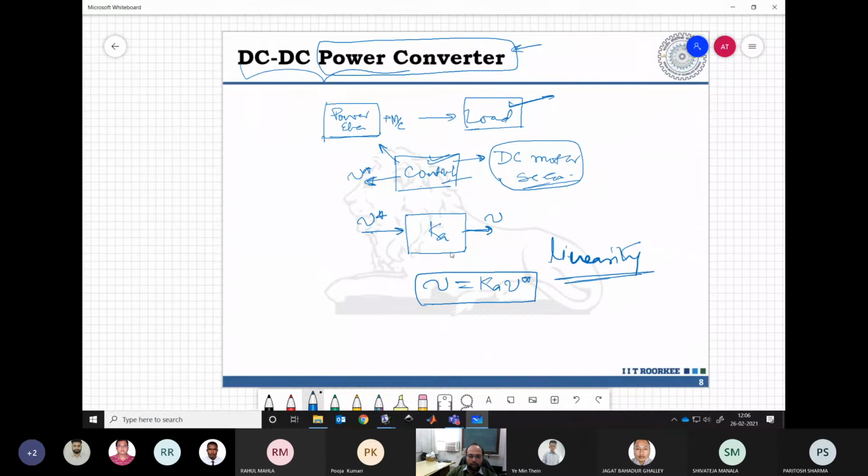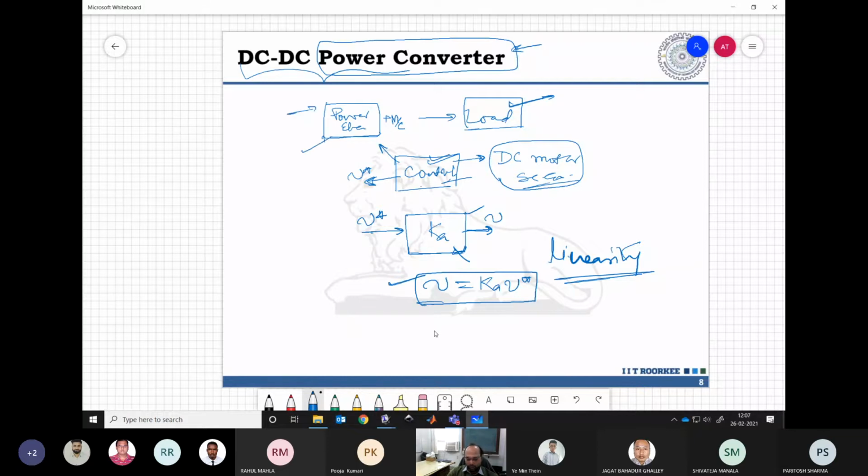There are no further dynamics involved in this model. We may have some things which we will see in future, but as of now we take the power converter as a gain. How this is being realized is the topic of interest for today's lecture: how we are realizing this power converter.